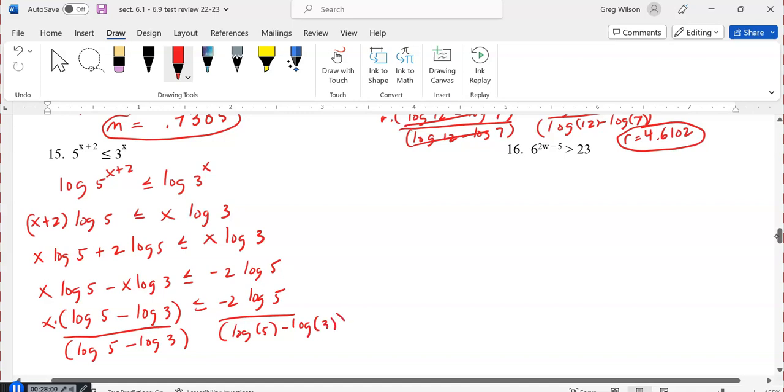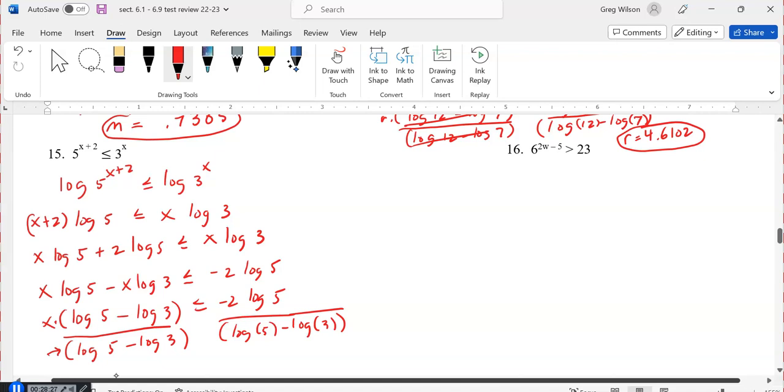You just have to be careful with inequalities. We've talked about this. This number that I'm dividing by, if it's a negative, then that would cause me to have to switch the direction of this inequality. But it looks like it's going to be positive. Since 5 is bigger than 3, when I subtract 5 minus 3, that would be a positive number. So log 5 minus log 3 will also be positive. So let's go to our calculator.